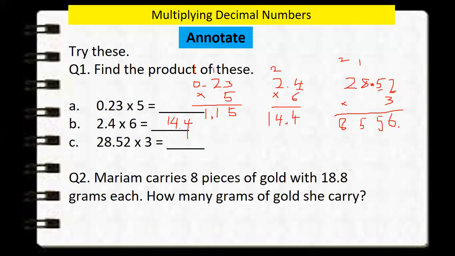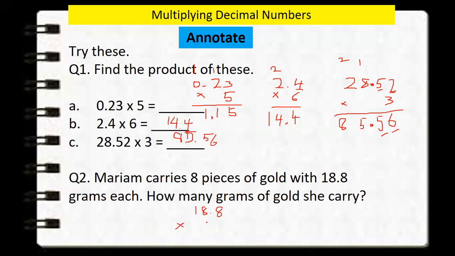Therefore, we will count from the right to the left 2 times also. 1 and 2. So the decimal is here. So the answer of letter C is 85.56. I hope you have done correctly, Year 6. Now let's do the other one. Question 2. Check your answers, please.